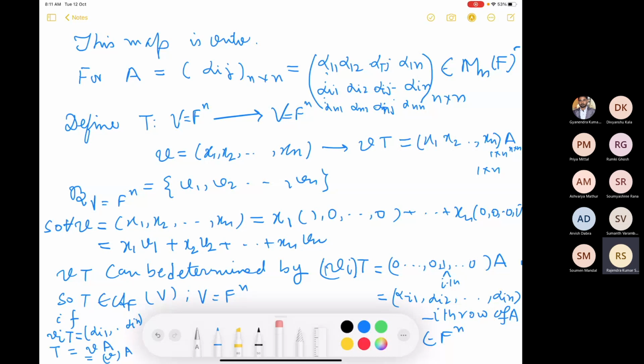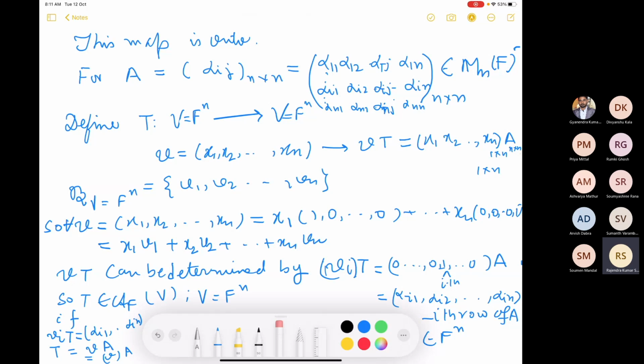The matrix of a linear transformation over a finite dimensional vector space V of dimension n turns out to be with respect to an ordered basis, and the order of this matrix is n by n, rows and columns.